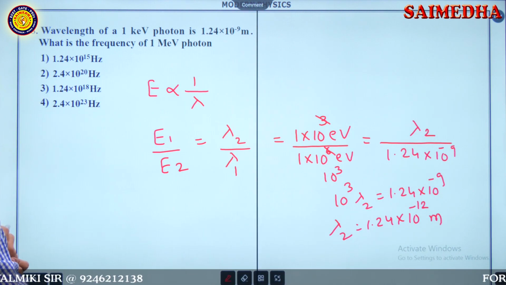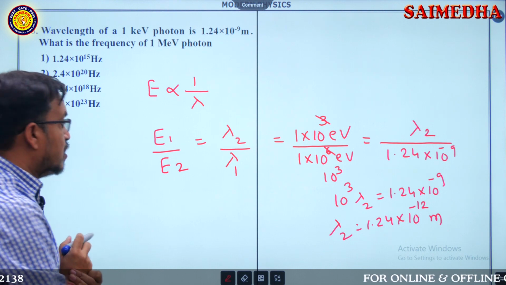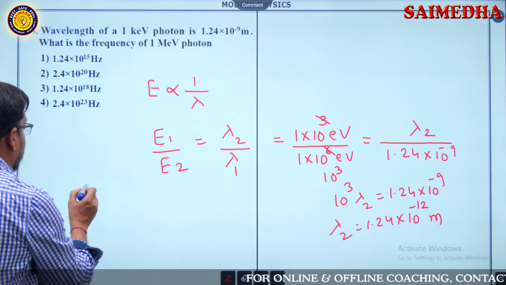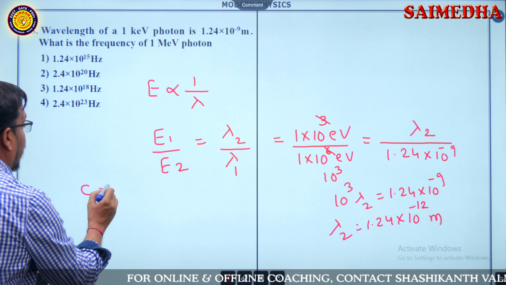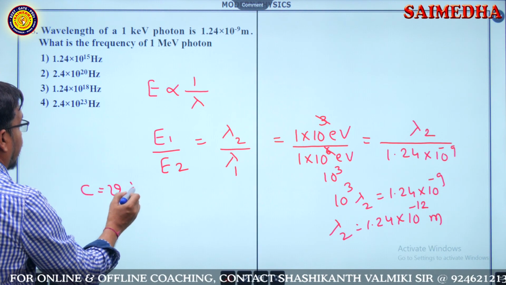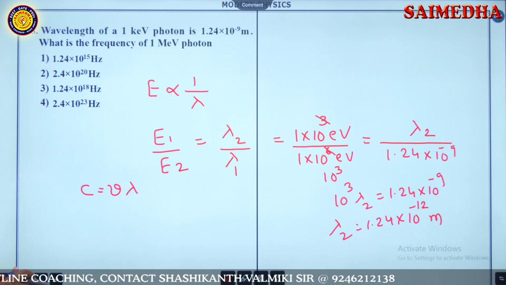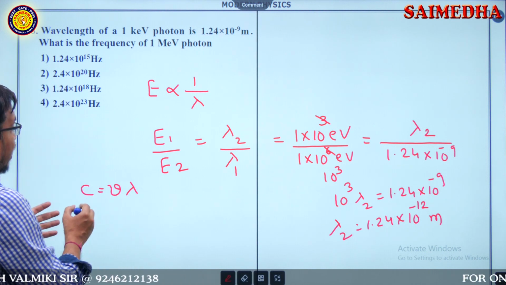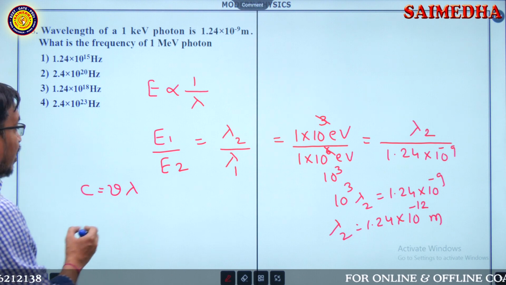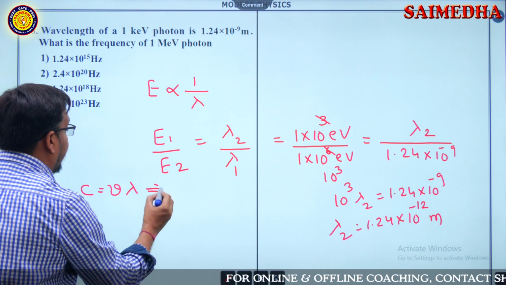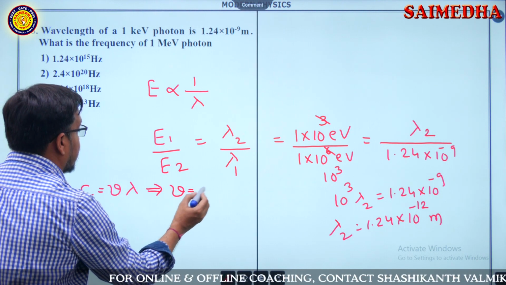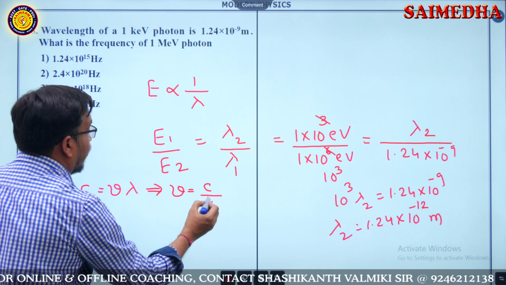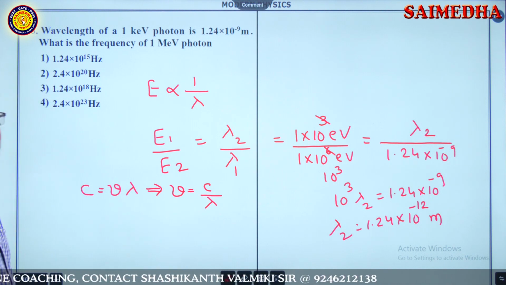Now it is asking for frequency. So we know that C equals nu lambda. Lambda 2 is given, and I am finding the frequency. From the relation, frequency equals C by lambda.